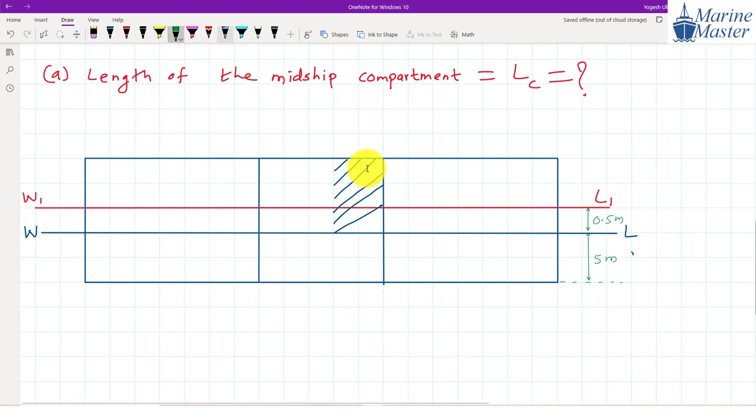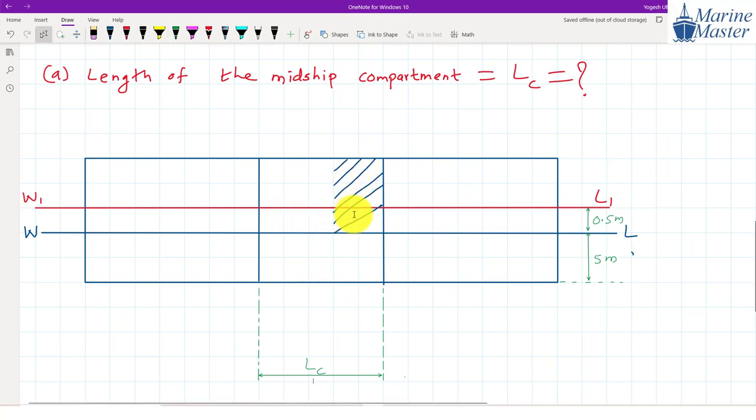We have assumed LC. To show the LC, I am going to draw one dotted line from here and another dotted line from here, and make it LC. Don't write anything now, just listen carefully. Let me first complete the drawing. We don't know this length of the midship compartment, so LC.